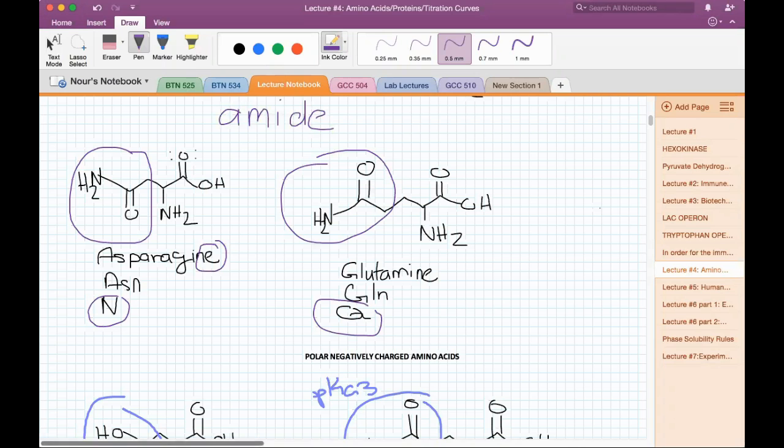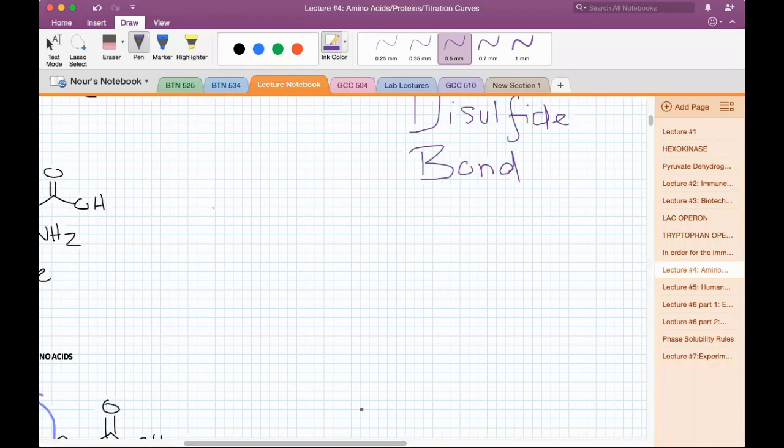An amide is basically an NH group that's attached to, so if you remember from your organic chemistry, it's basically an amine group, but it's attached to a carbon at a C double bond O. In a lot of cases, carbonyls can be changed into other groups by certain reactions.